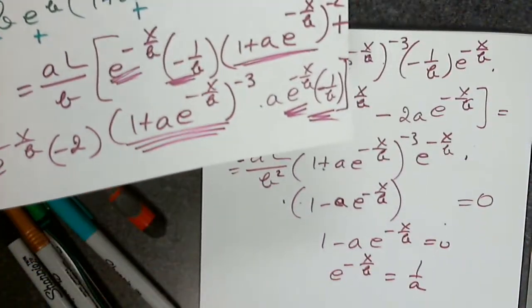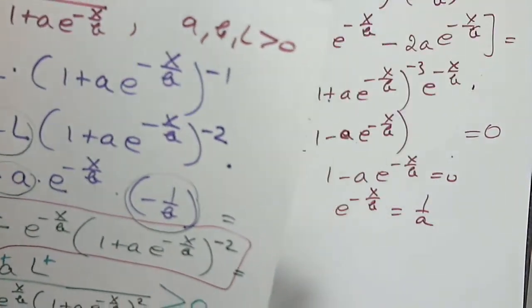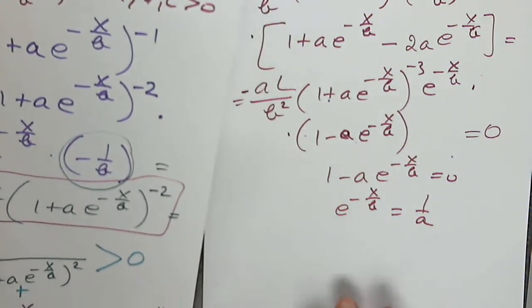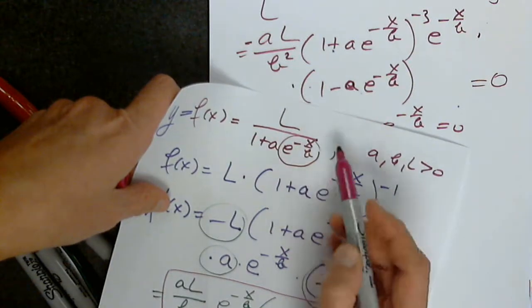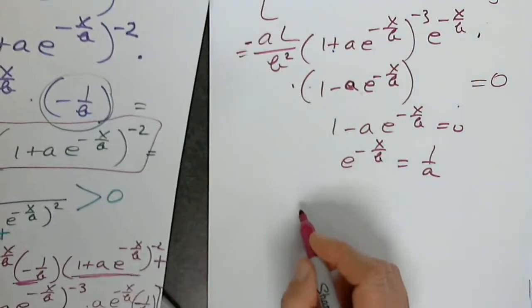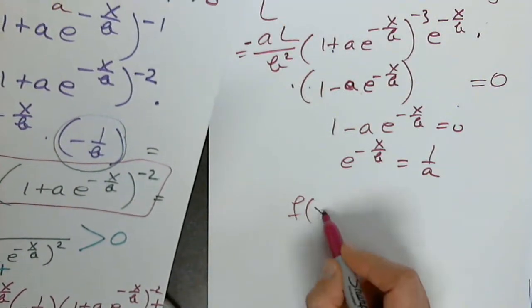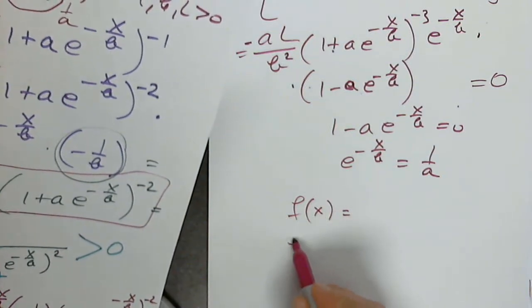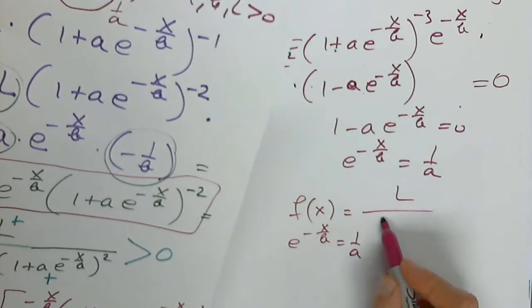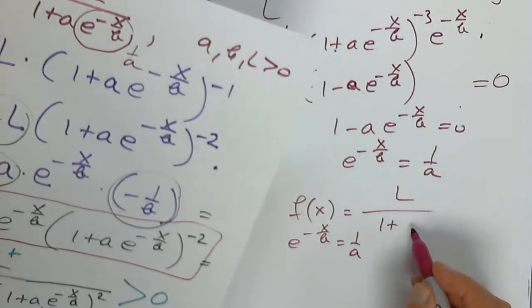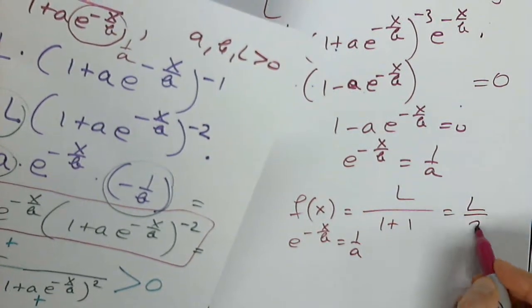So when I go back to the original function and I plug this in, and I change this into 1 over a, f of x when e to negative x over b is 1 over a is L over 1 plus 1, which is L over 2.